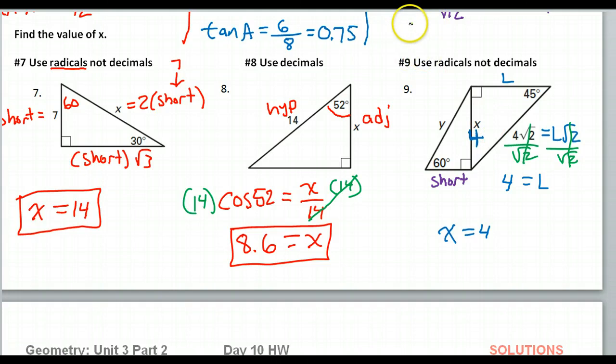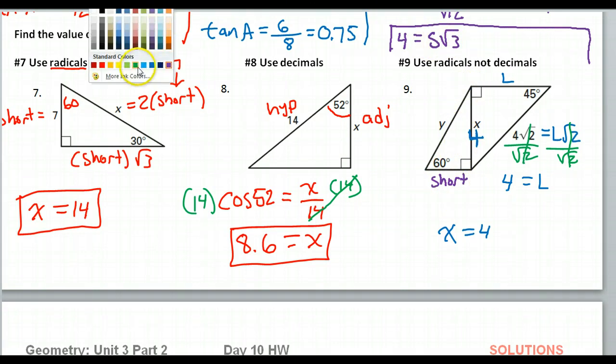I feel like I need to do this somewhere. I'll do it up here as part of this problem. All right, this 4 is the long leg. So this 4 should equal the short leg times radical 3. I'm using S for the short leg.